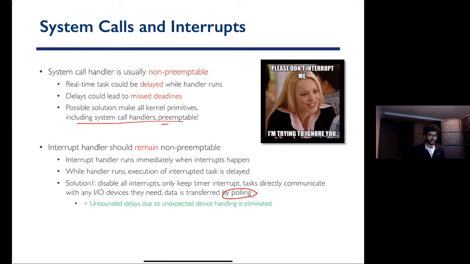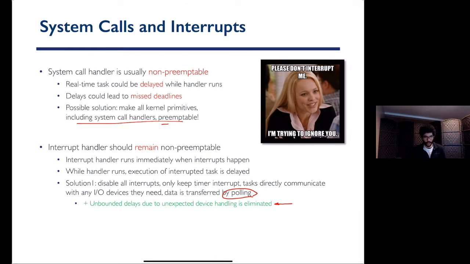So this addresses the issue that we had. So now that you don't have interrupts, then you don't need to deal with the issue that I said, where you're doing interrupt handling and that is leading to unpredictability.